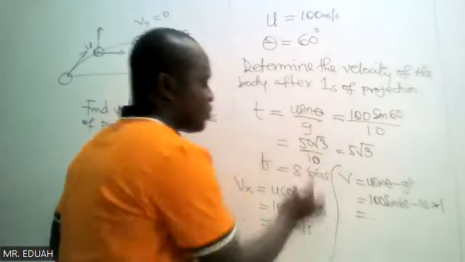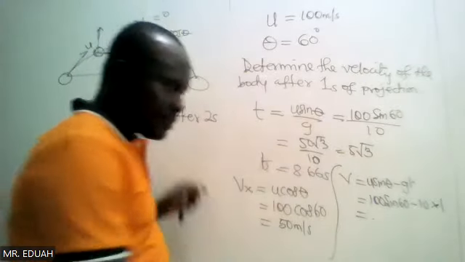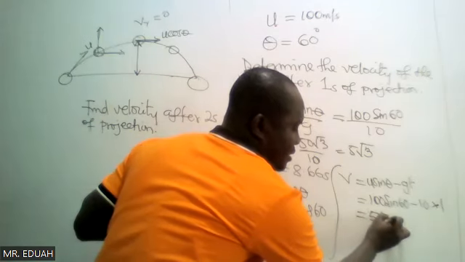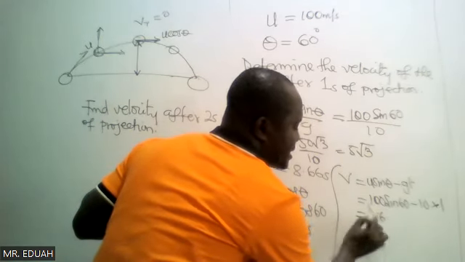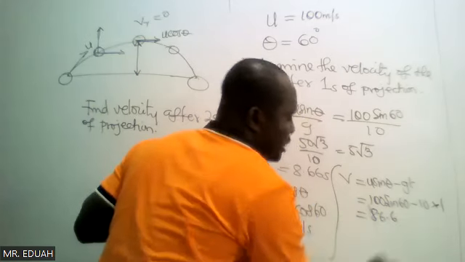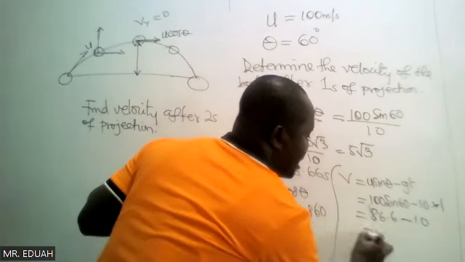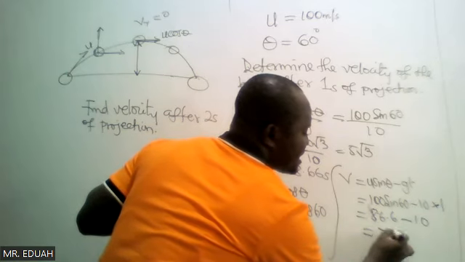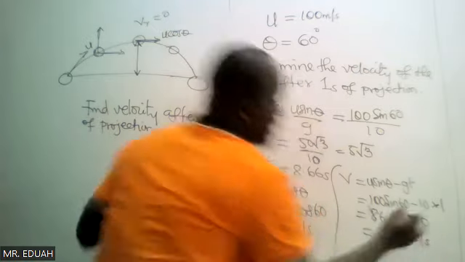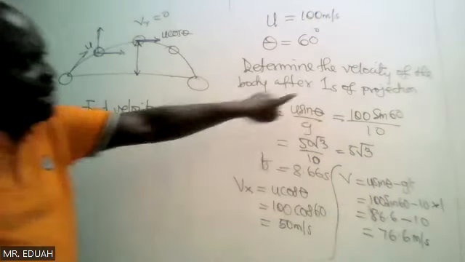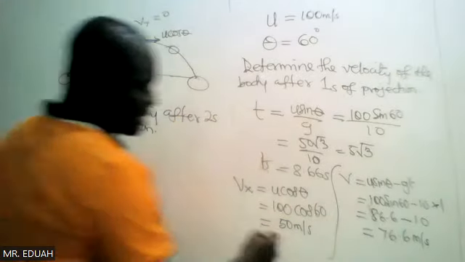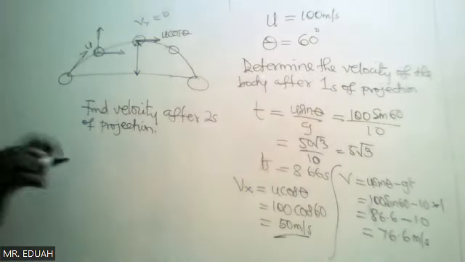It is 86.603. So minus 10, and the velocity will be 76.6 meter per second. So after 1 second, the vertical velocity is this, and the horizontal velocity is this. So that's what is happening.